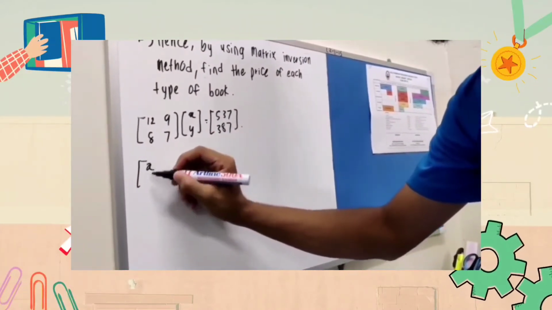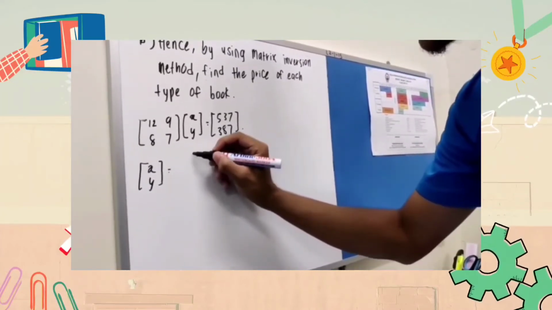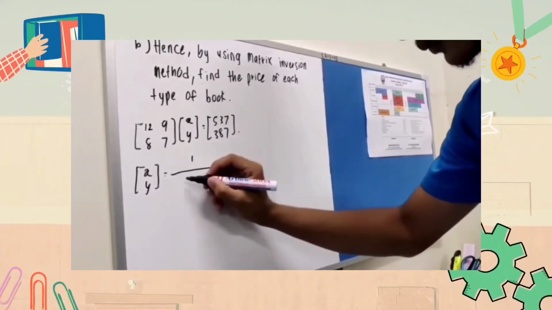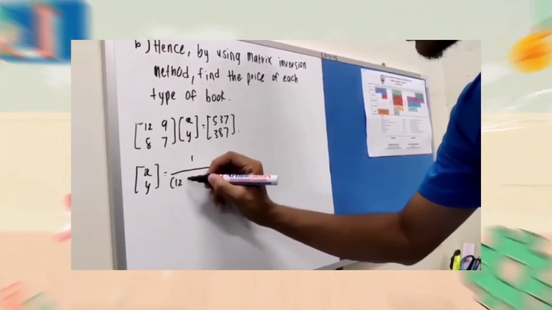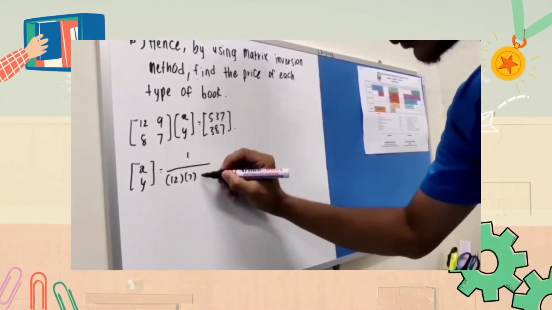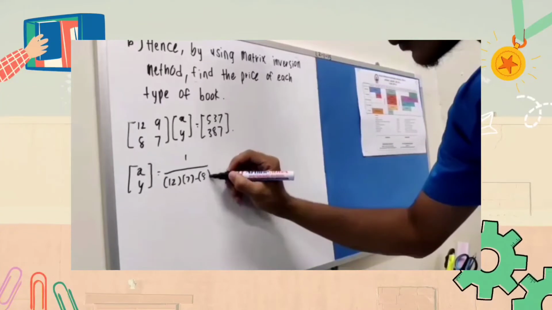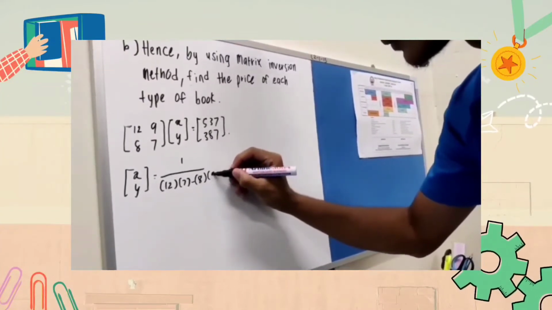Still we write down [x; y] equals 1 over (12 times 7 minus 8 times 9).